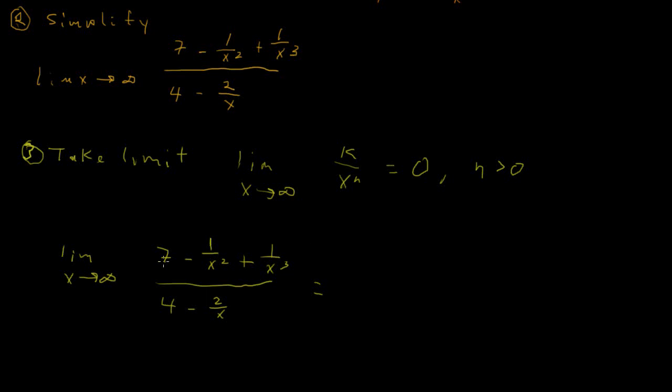We see that we still have the 7 minus 1 over x squared, which as x approaches infinity is equal to 0. Then 1 over x to the third would be plus 0. And that's all over 4 minus, and what is 2 over x as x approaches infinity? That's also 0. And all this simplifies down to 7/4. And so our answer is 7/4.